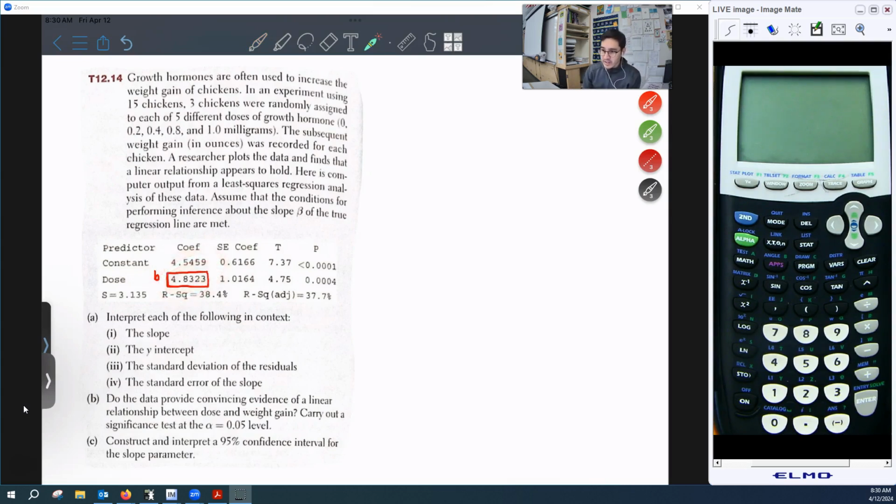Now, of course, I didn't use any context there. I'm going to be replacing the variables x and y with dose and weight gain.